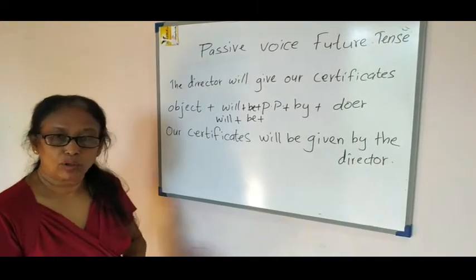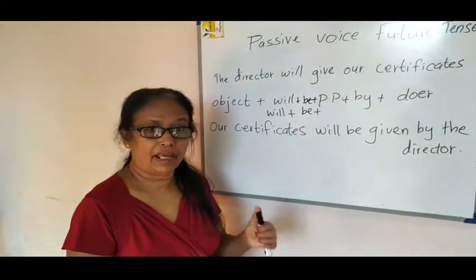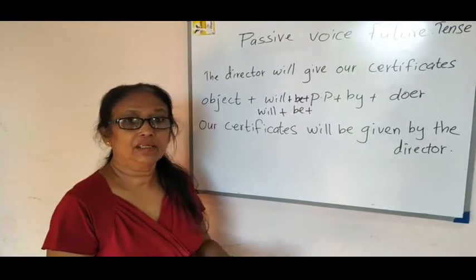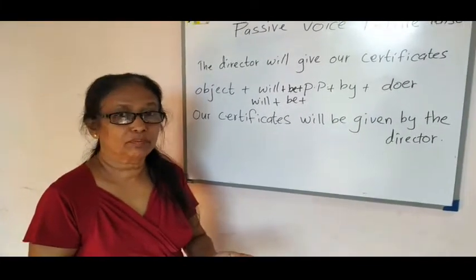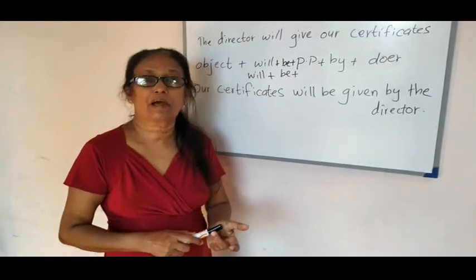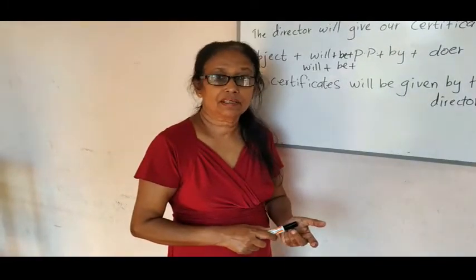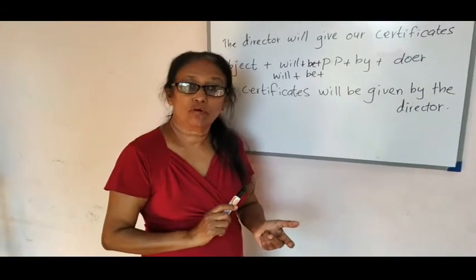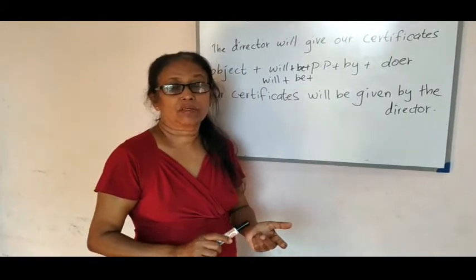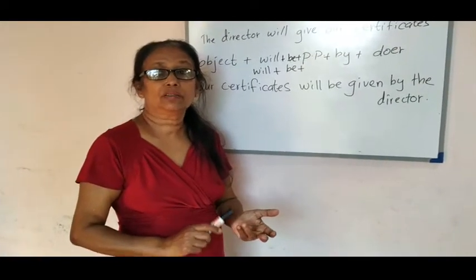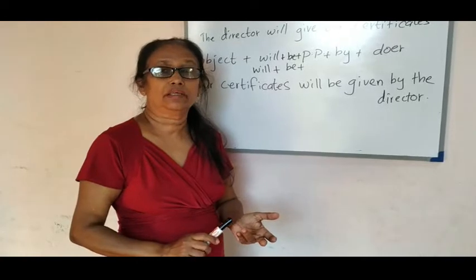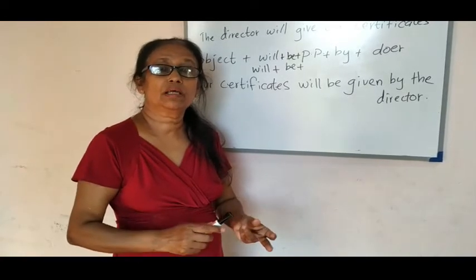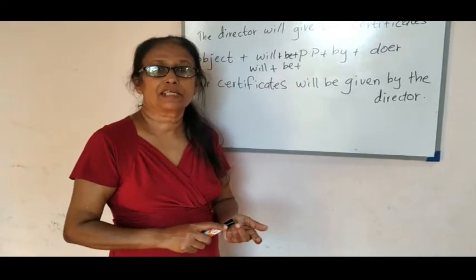When you want to learn this active to passive lesson, you should know objective pronouns, then past participles, right? Otherwise you can't form sentences. You should remember those two things, objective pronouns, then past participle.